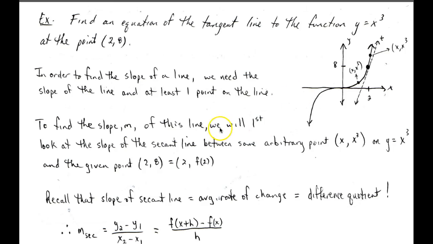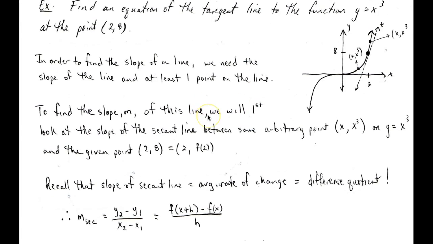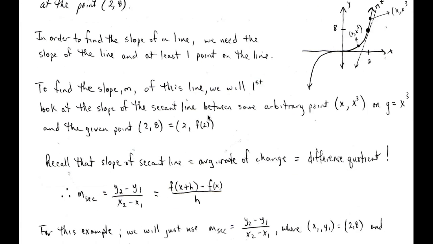In order to find the slope of the line, we need the slope of the line at at least 1 point. To find the slope m of this line, we will first look at the slope of the secant line between some arbitrary point (x, x cubed) on y equals x cubed and this particular point.